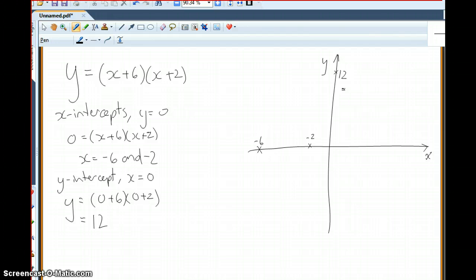Okay, I've found the x-intercepts, I've found the y-intercepts. What next? It's the fourth point I need to finish this parabola. The vertex, or another word for vertex is the turning point. So the fourth point is going to be the turning point.